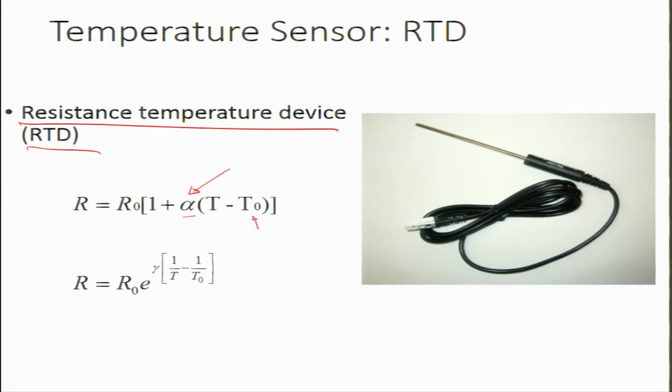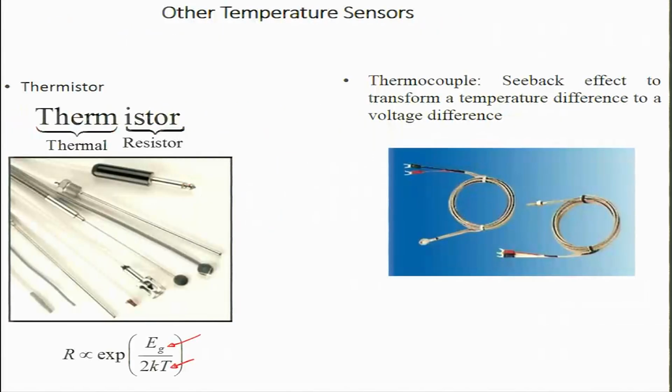As the temperature of a small region goes over this value T0, there is going to be a delta R, where delta R is R minus R0. This is a very important parameter to monitor, once calibrated, to know the temperature at any given point of time of the devices where these RTDs are mounted.